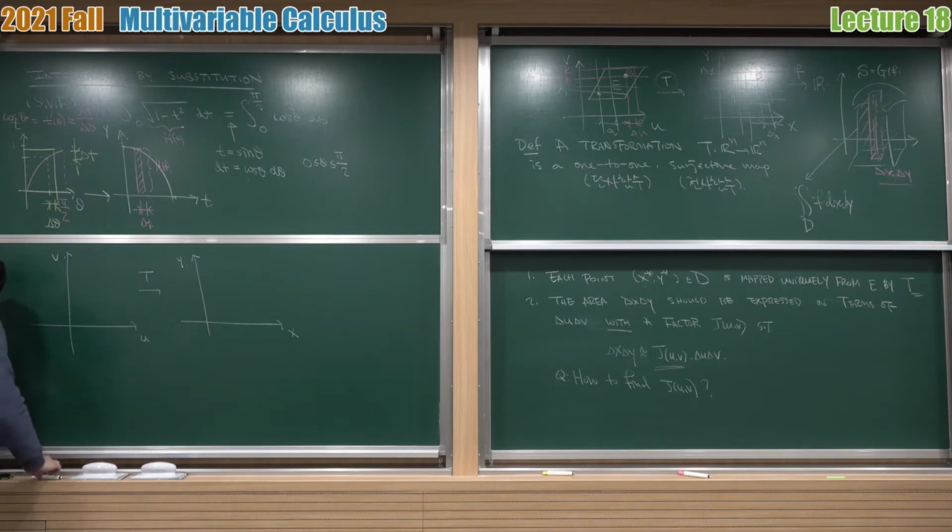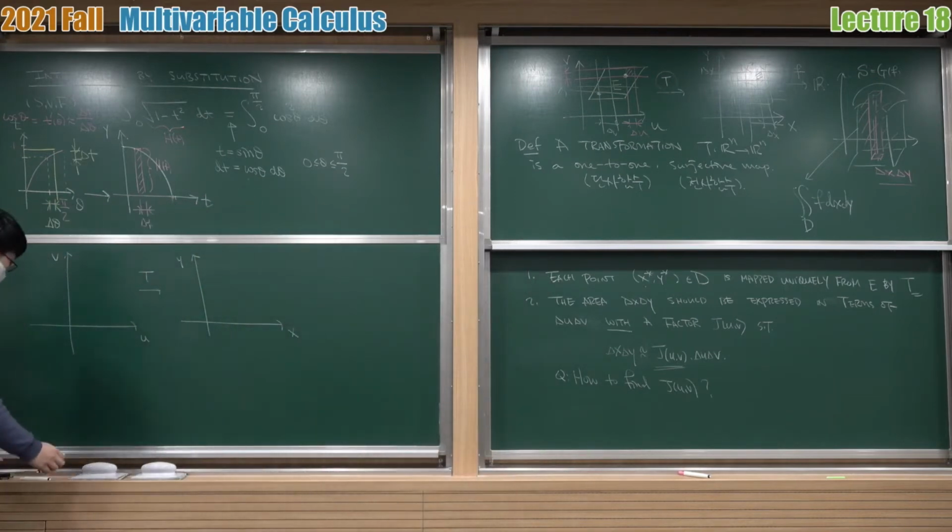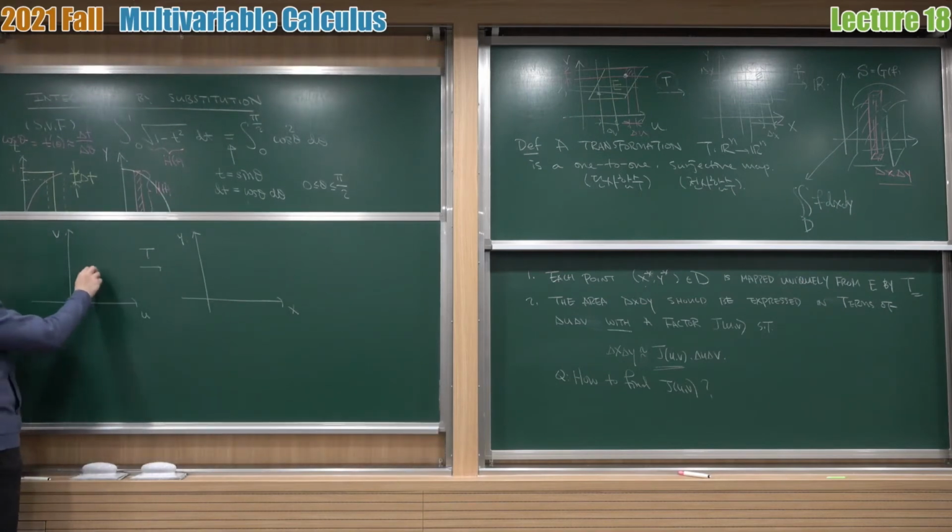Let's say I pick a point in uv as u0, v0. Here is u0, here is v0.